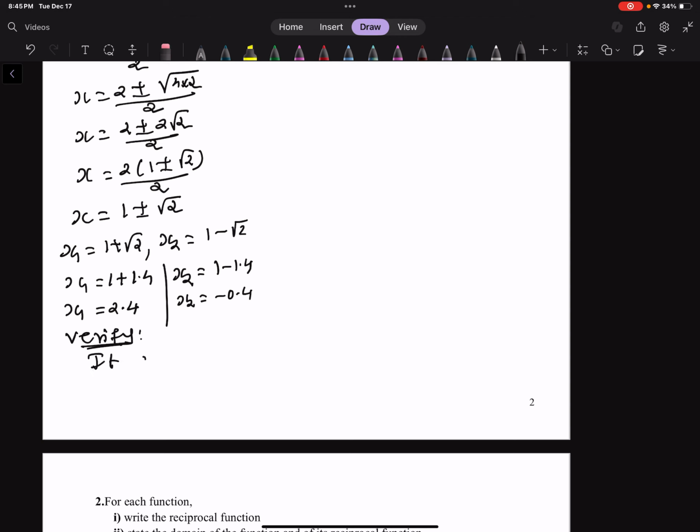So it does satisfy the condition, which is x squared minus 2x is greater than or equal to 0. Therefore it is a solution.